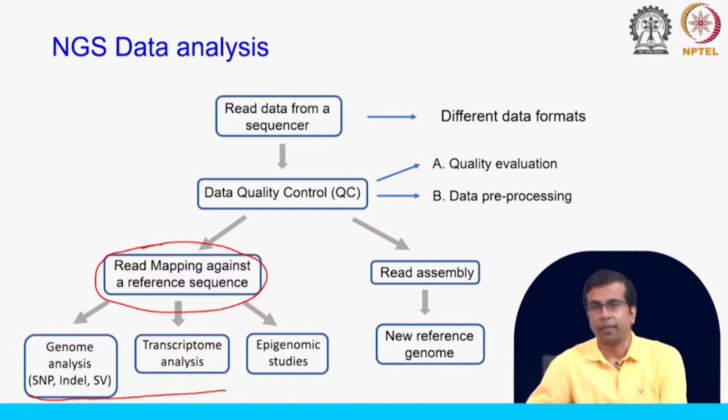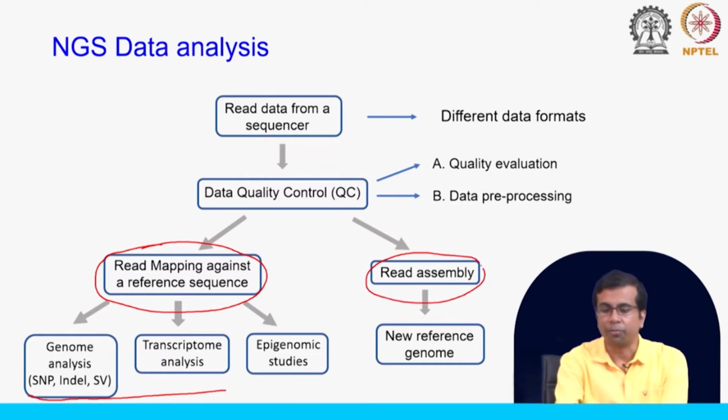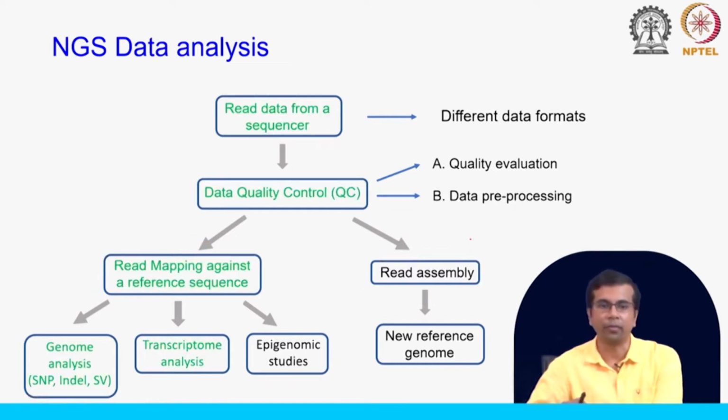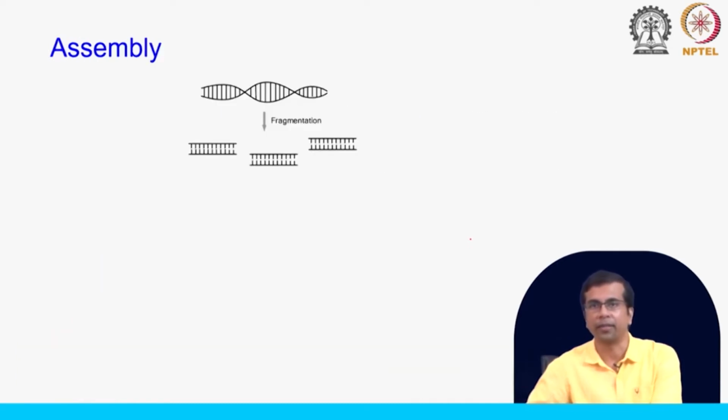The other part that is remaining is the read assembly part. This is the part which we have not discussed yet, and this is what we are going to talk about. The parts in green are complete, as we have discussed those in this course. The part that we are going to discuss today is the read assembly part, and then we will follow this up in the subsequent classes.